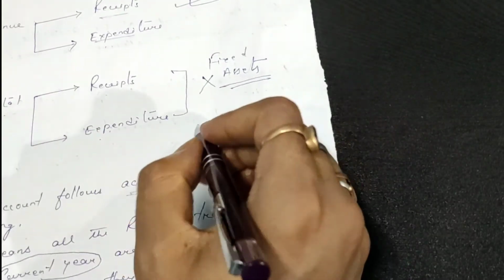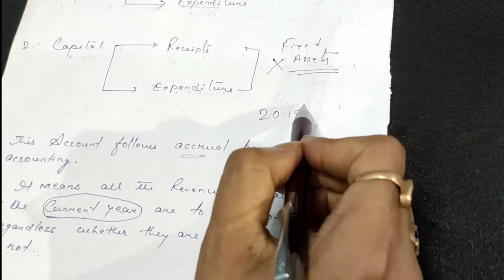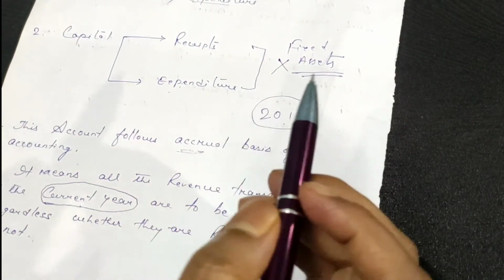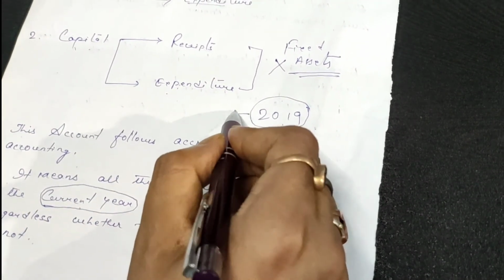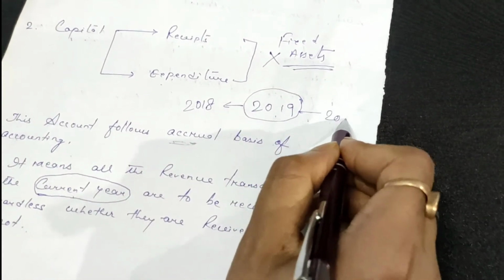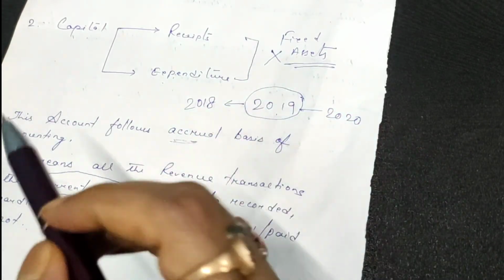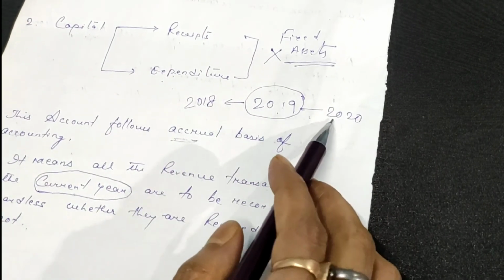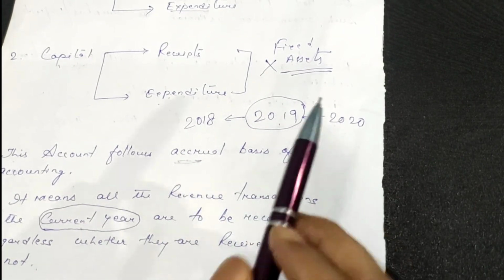So the meaning of this point is that when you record any entry from the question, if any amount included in a particular entry does not belong to the current accounting year which you are following, it must be adjusted. For example, if in the question the accounting year is given as 2019, any amount which belongs to 2019 will be recorded in the account. But if any amount included belongs to 2018 or 2020, suppose one particular entry includes some amount for 2018 and some amount which belongs to 2020, these two amounts will be subtracted.